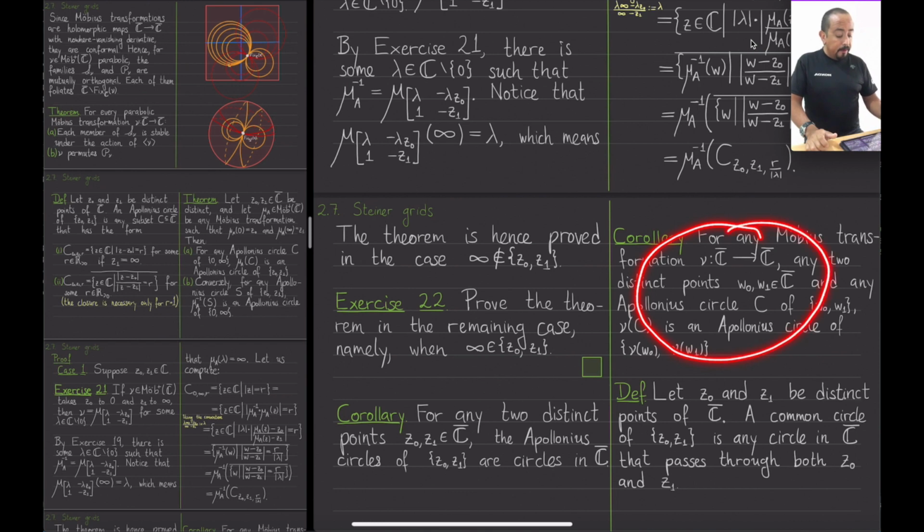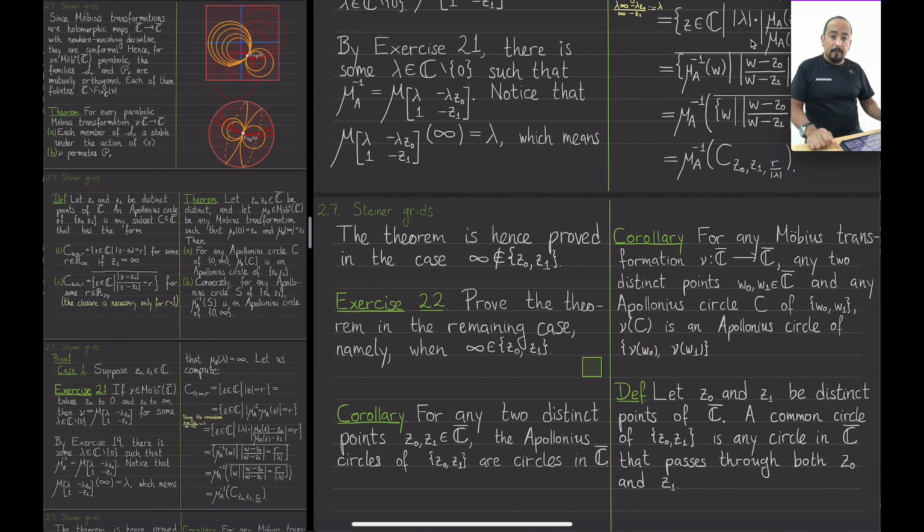And the proof is just, if you have your Möbius transformation, and you have your two distinct points, which of course are sent to these other points, then just factorize this as a transformation that first sends these 2 points to 0 and infinity, and then 0 and infinity to these guys.